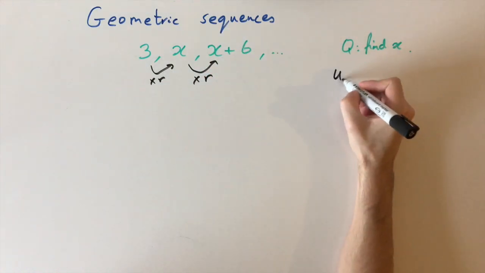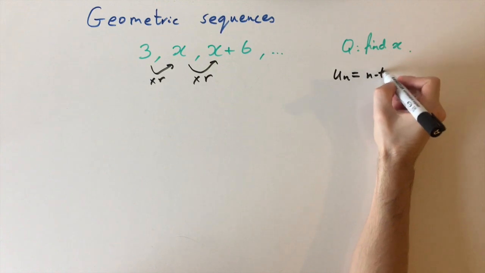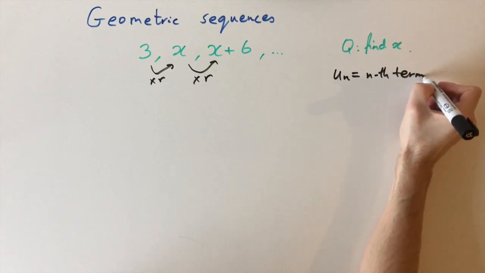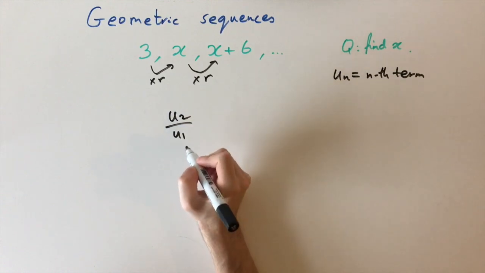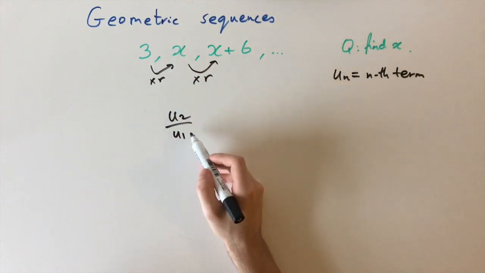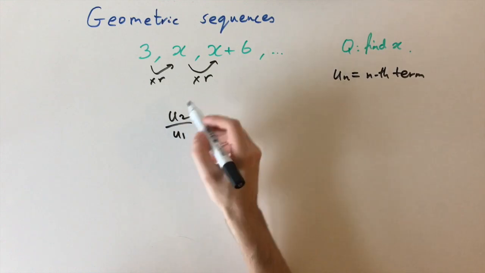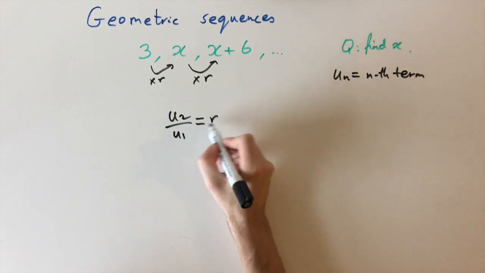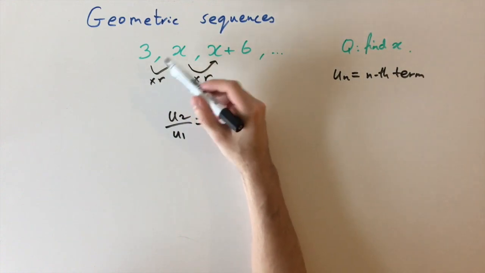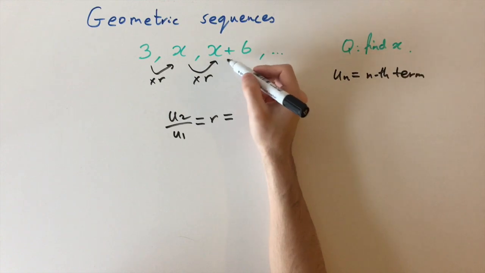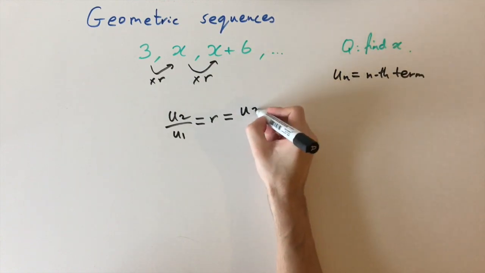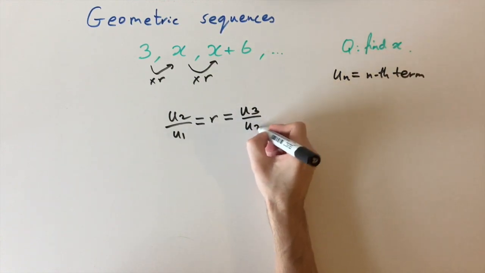If I denote u_n to be the nth term, then the second term divided by the first term is x divided by 3, and this is going to equal r, our common ratio, the number we're multiplying by. We also know that this ratio is constant for all the terms in the sequence, so this is going to be the same as u3 divided by u2.